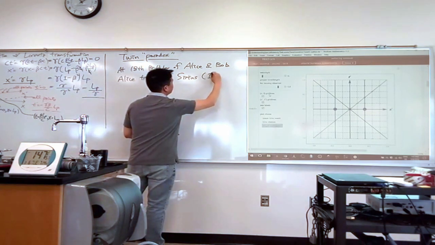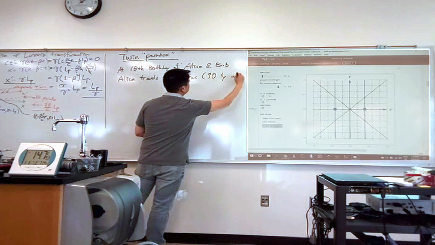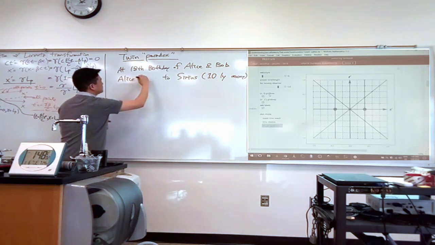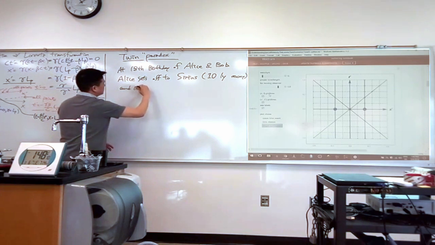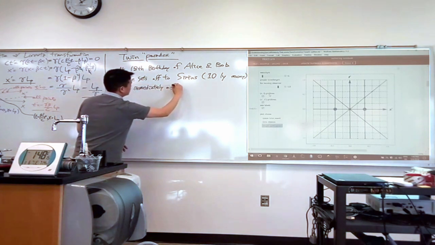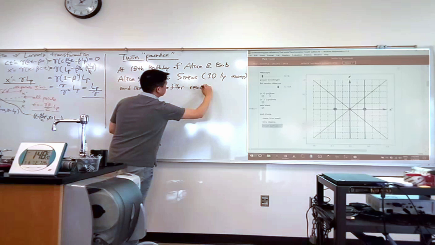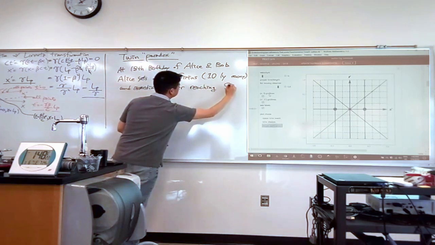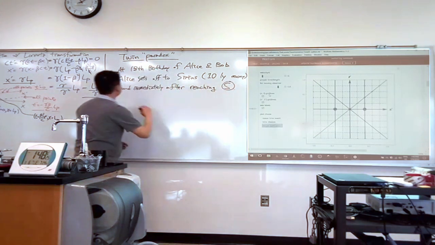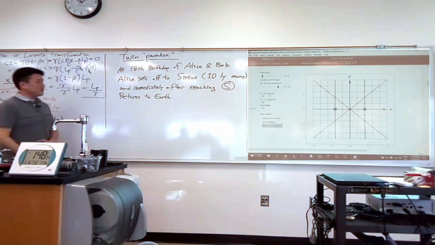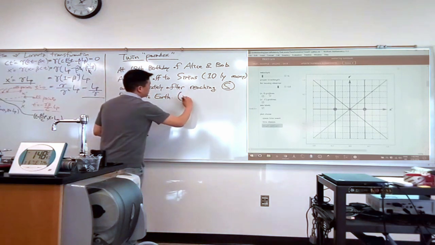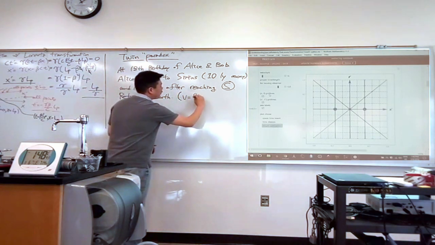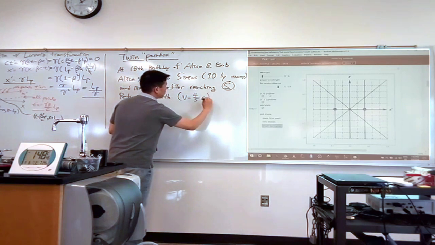She sets off, and immediately after reaching Sirius, returns to Earth. And let's say she's moving pretty fast. She's on a spaceship that's moving at 80% of the speed of light.